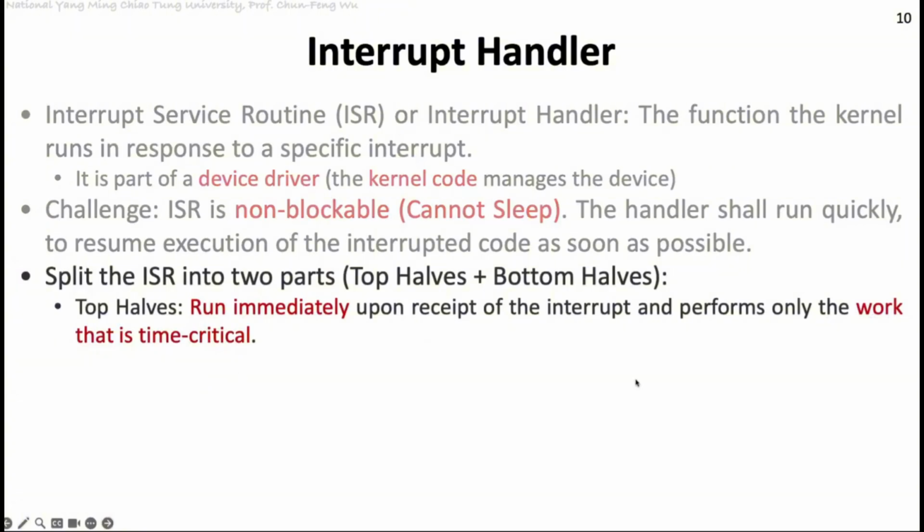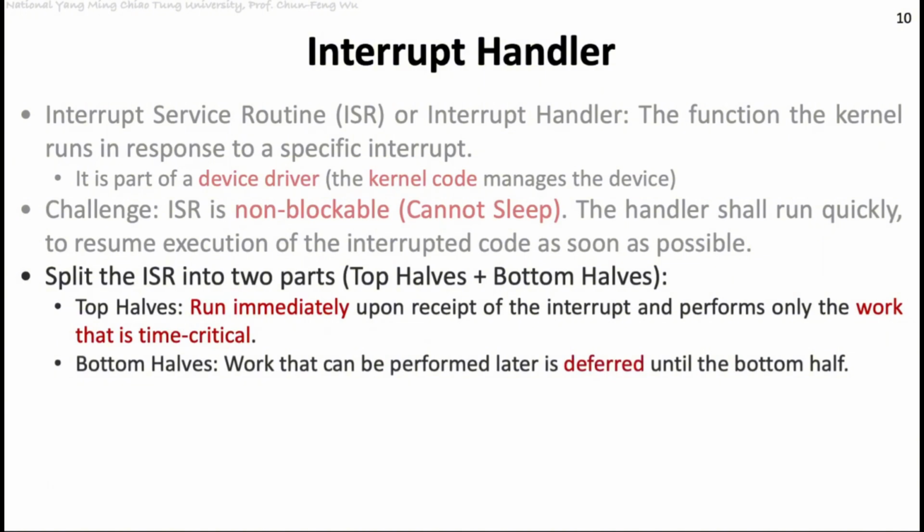Because the interrupt service routine is super huge, there may be several things we must run at this moment, and they will be split into the top half. But the rest of it is not that time critical. We can postpone it, we can delay it. That is the bottom half: work that can be performed later is deferred until the bottom half.